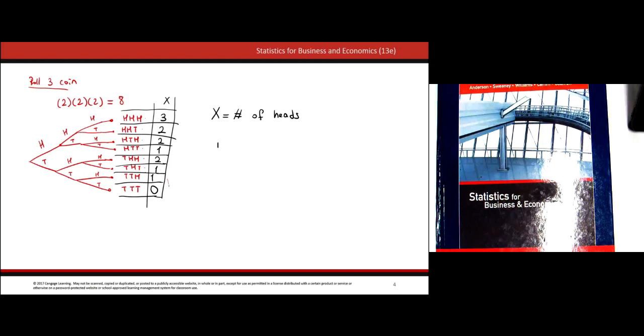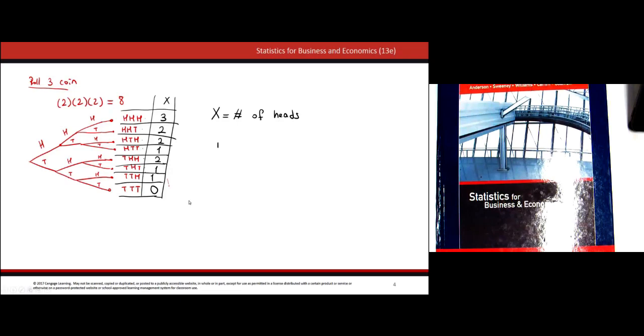So x can only take 4 values. It is either exactly 0, exactly 1, exactly 2, or exactly 3. It cannot take any other value. This means x is a discrete random variable.